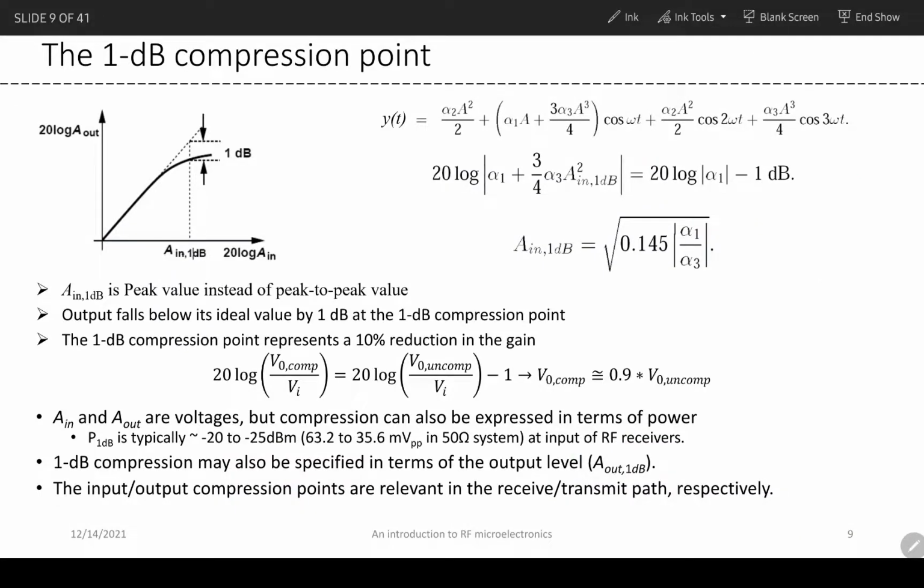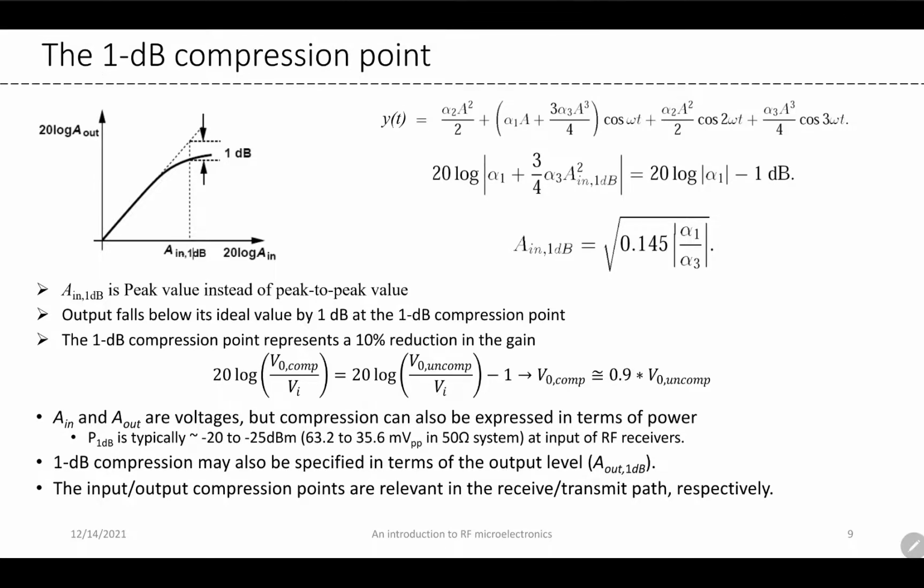So how do we characterize this? How do we quantify this, and if we have to compare two devices and say one has more gain compression than the other, how do we quantify this quantity? The way to do that is we look at the 1 dB compression point. Now what is a 1 dB compression point?